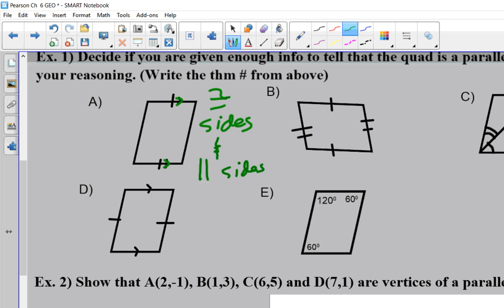I only needed one pair. I got my one pair. Okay. B, opposite sides look to me like they're congruent. So both pairs of opposite sides are congruent. Okay.